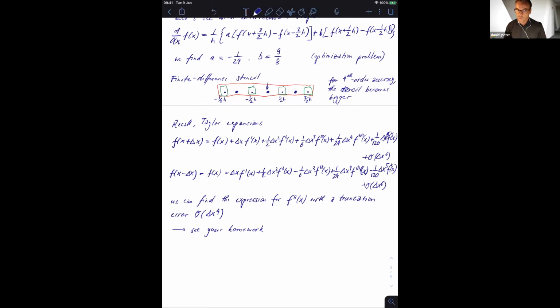Then how would you combine these two Taylor expansions in order to have a truncation error of fourth order? It's a bit tedious to write down and combine, but there's no magic in that. Straightforward.